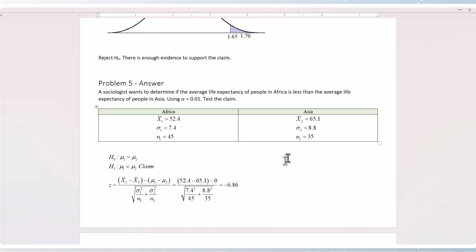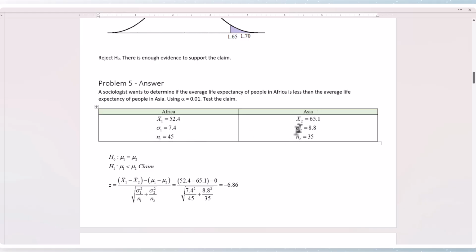It states a sociologist wants to determine if the average life expectancy of people in Africa is less than the average life expectancy of people in Asia. Alpha's 0.01, test the claim. So we notice that we have our summary statistics for Africa and Asia.